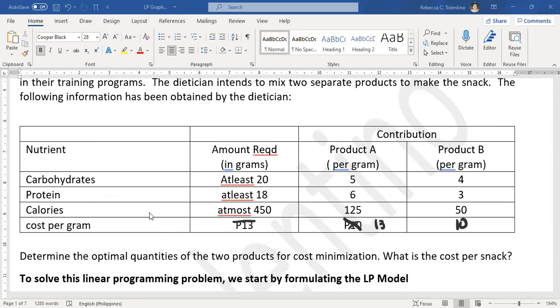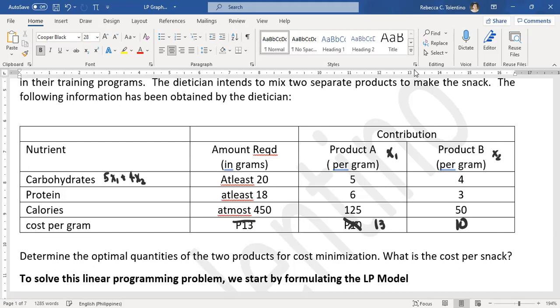Now, as to the constraints, we need to consider these 3 rows pertaining to carbohydrate, protein, and calorie requirements. For carbohydrate requirements, we're using x of 1 for product A and x of 2 for product B. So the constraint associated with the carbohydrate requirement is 5x of 1 plus 4x of 2.